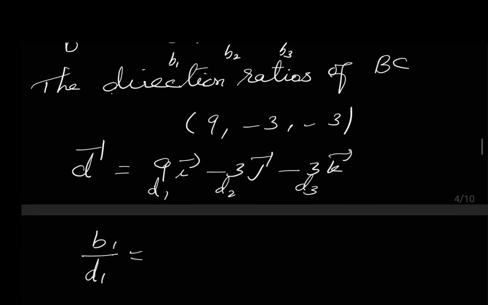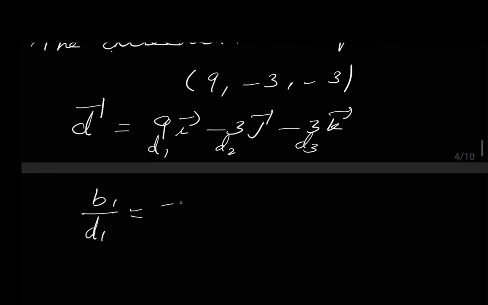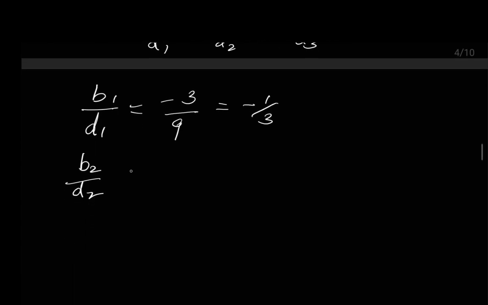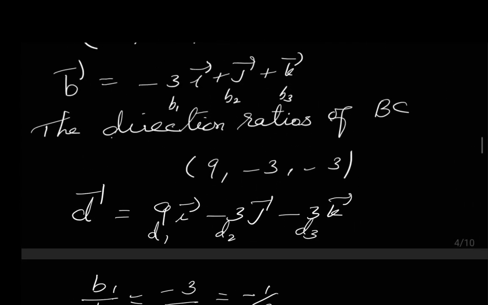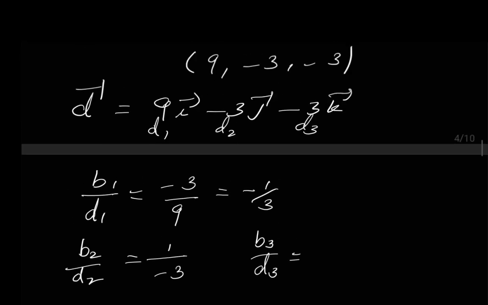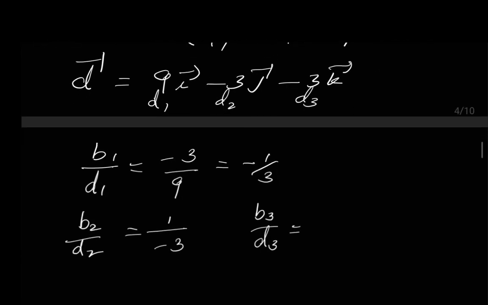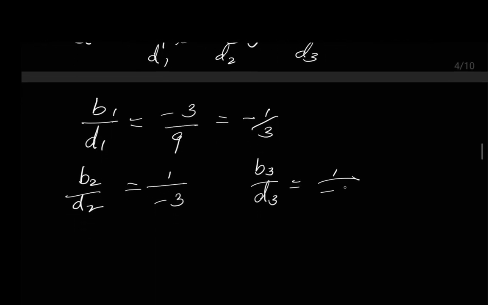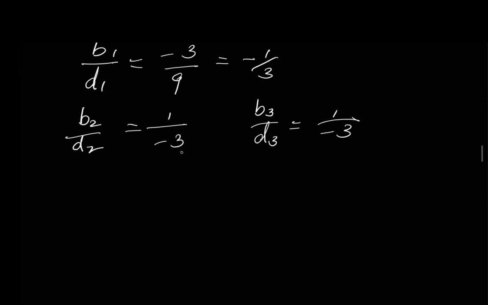So b1 by d1 is minus 3 by 9, that is minus 1 by 3. b2 by d2, b2 is 1 by minus 3. Then b3 by d3, this is 1 by minus 3. So all the ratios are equal.